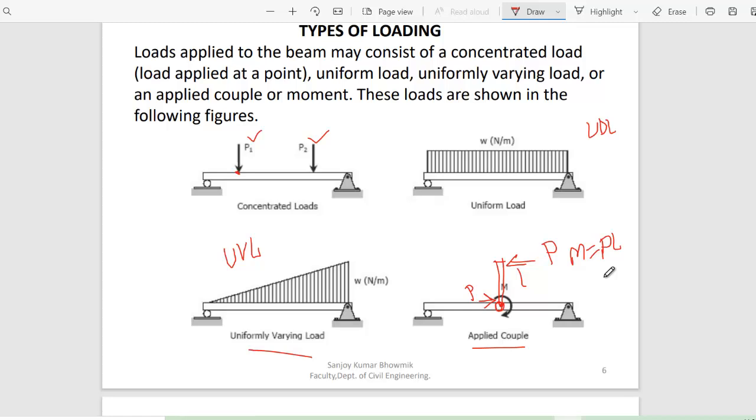So instead of drawing this member, we may apply this kind of moment directly. That is what we call the applied couple. The mechanics is very interesting if you know.